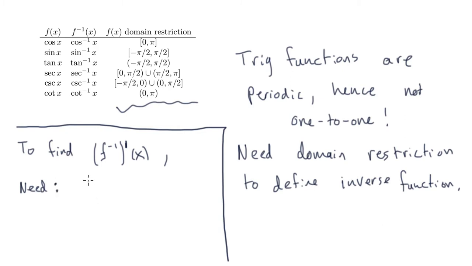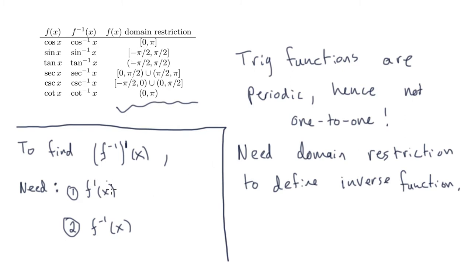First, the derivative of the function. And second, we need to know that the inverse function exists, and how it would be defined, even if we need to use some sort of domain restriction.